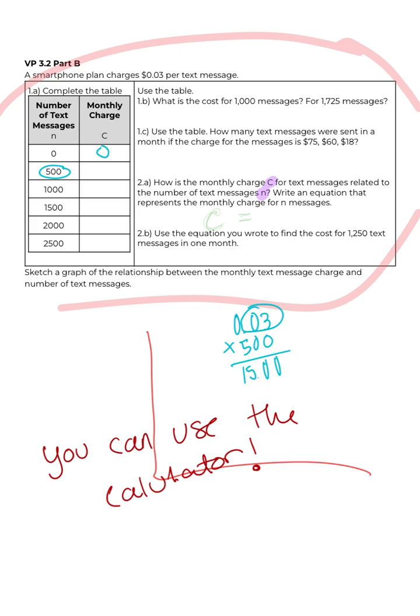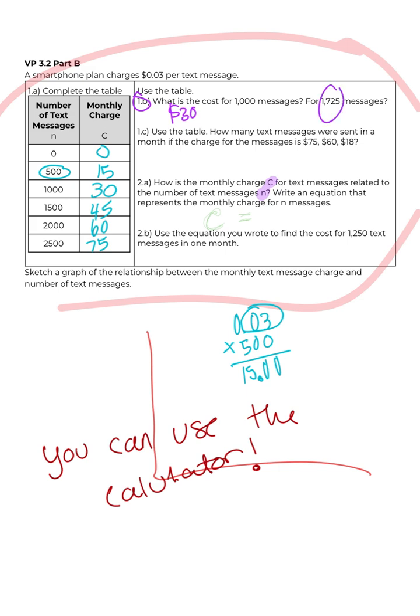So you would say $15. Then this would be 30, and it's going up by 15s, as you can tell. Or sorry, the number of texts goes up by 500, which means that the charges go up by 15. So this would be 45 and 60 and 75. So that answers the question here. All right, 1,000 text messages is $30.